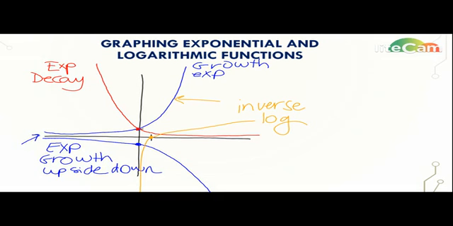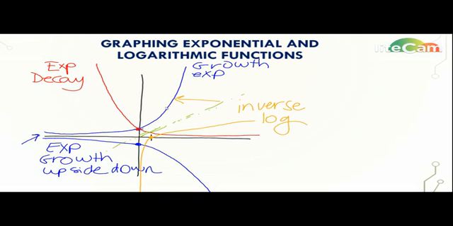Remember that when you take an inverse, it's going to reflect it across this line that's going diagonally through the graph, which is y equals x. So again, this log graph here is an inverse of this exponential graph here.